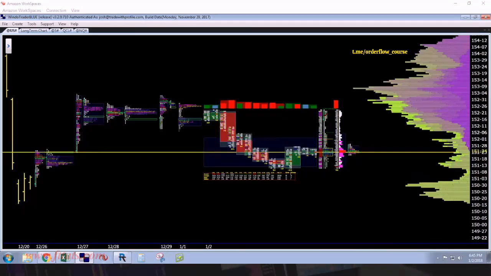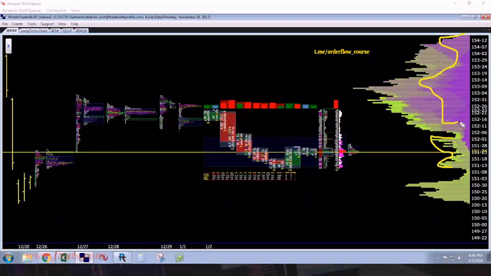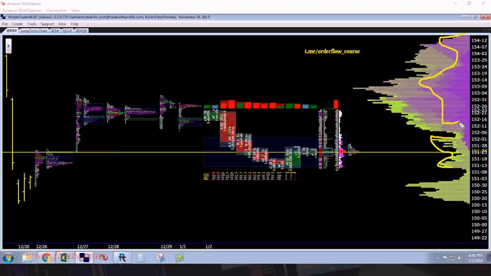Contrary to that, we also have low volume nodes. Some of this was actually built today. You can see on this chart, the color represents the age of where the volume occurred. The green is actually old volume. The purple is actually new volume.